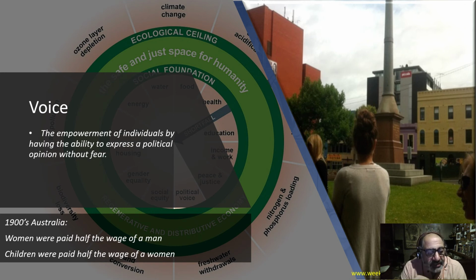Because in 1900, women were paid half the wage that a man was paid, because in 1900, the perception, the social norm, was that women were only worth half a man, therefore they should be paid half a man. And equally, a child should be paid half the wage of a woman. Remember, in 1900, children could work in Australia in factories and so on. There was no law against children working here.